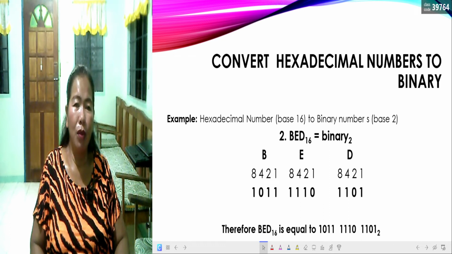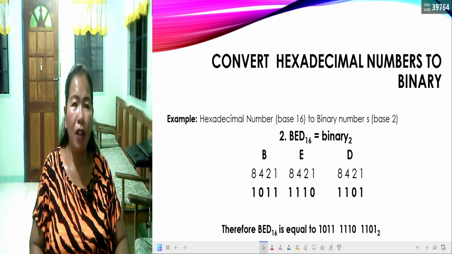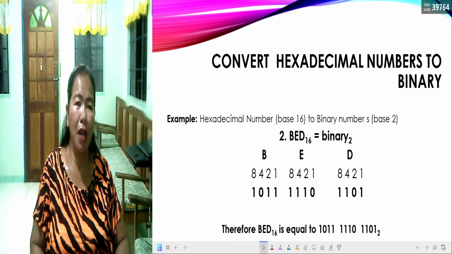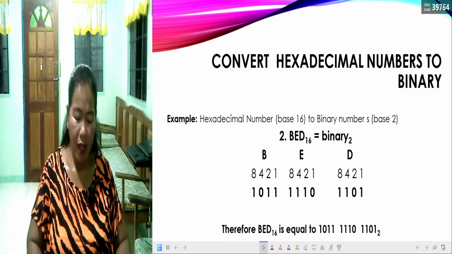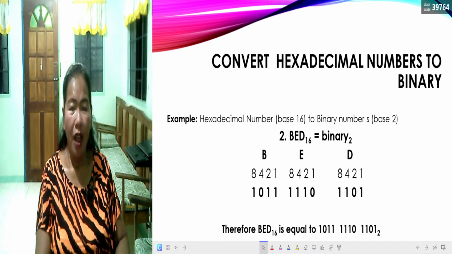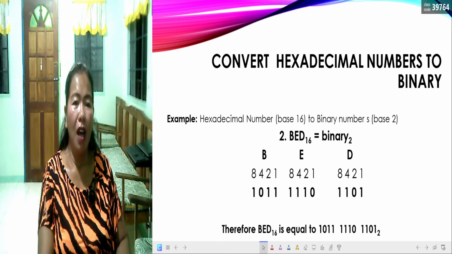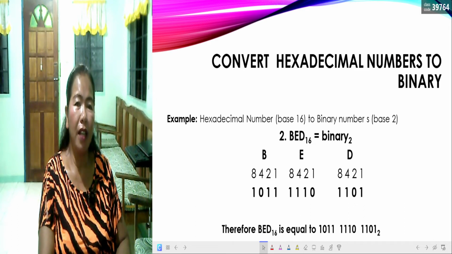So that is equivalent to 13. Therefore, the binary equivalent of BED in hexadecimal is 1011 1110 1101 base 2. So those are all the conversion process of the different number system.